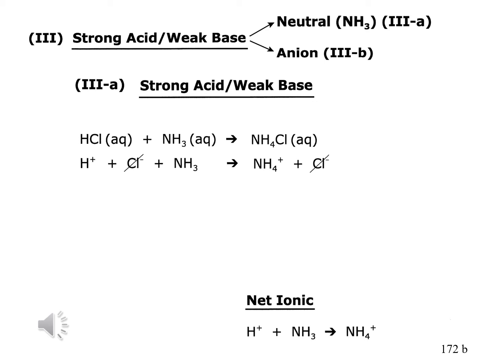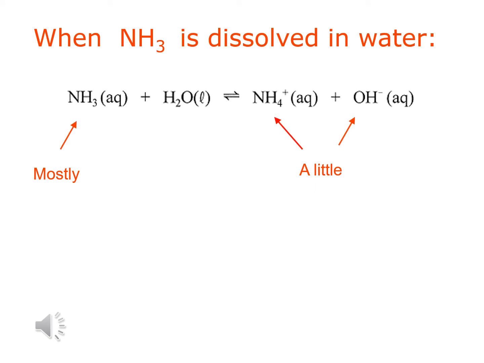I'm going to show you that it is a two-step cycle, but why is the H+ then neutralized? Because remember, whenever H+ sticks to anything, it can't change the pH because it's no longer free. Now, in order to show the two-step process, you have to understand what NH3 does when you put it in water, and we've talked about this a lot.